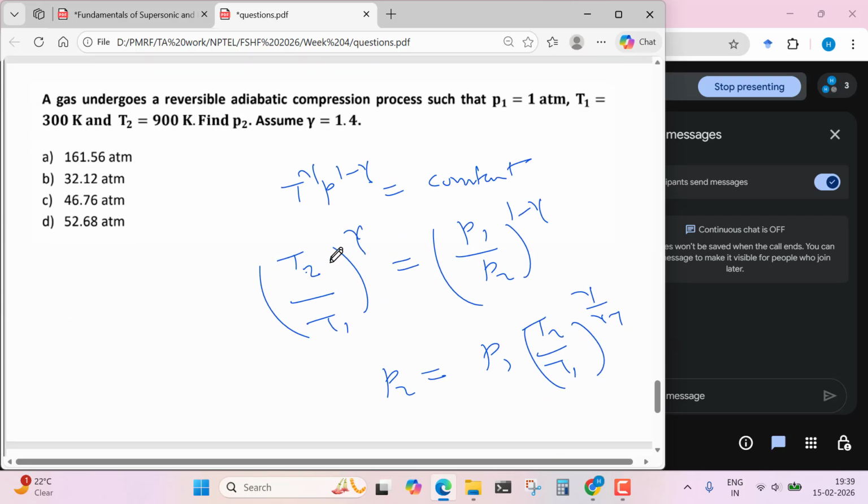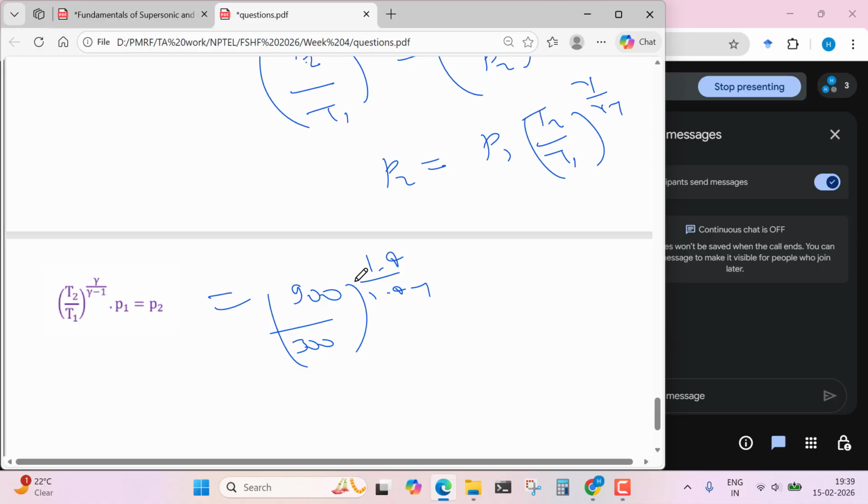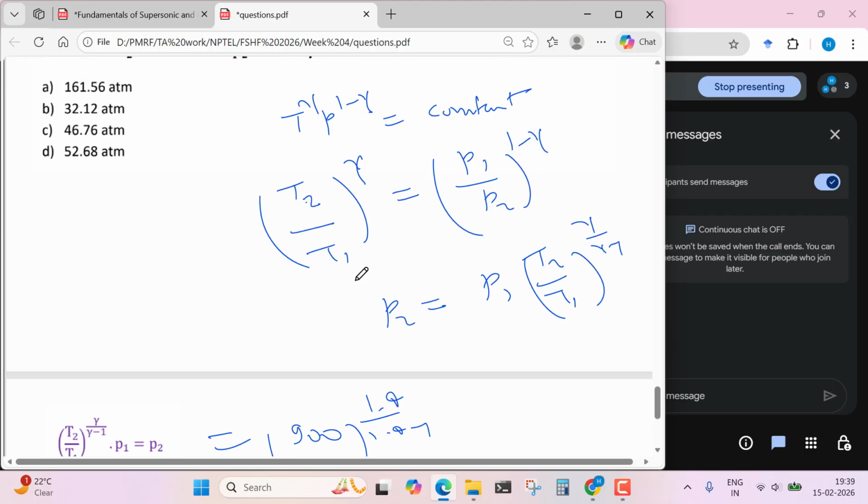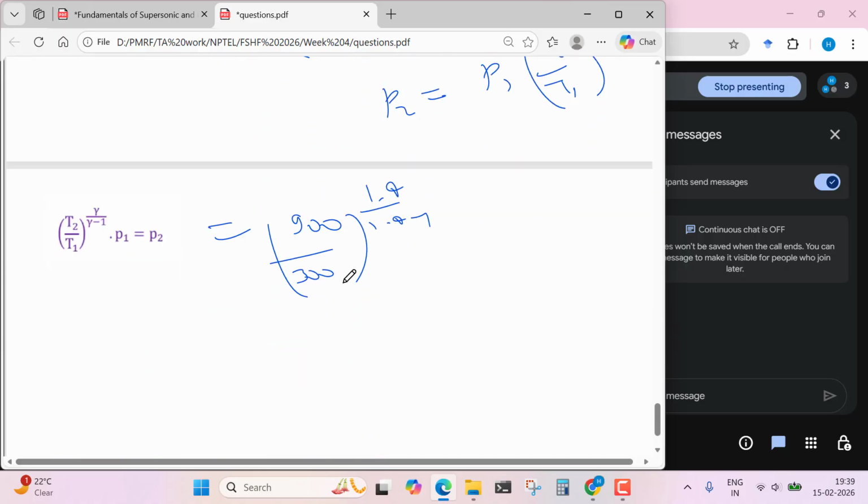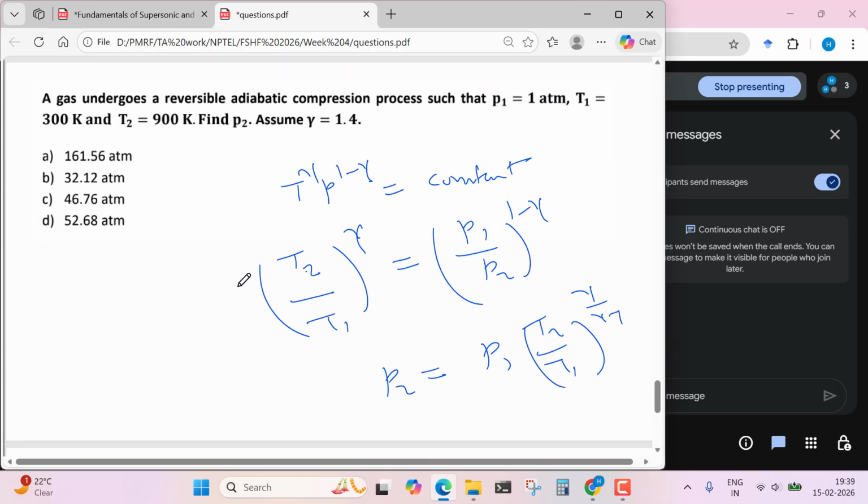So it is 3 to the power 3.5. So the answer is 46.76 atmosphere, which is option C.